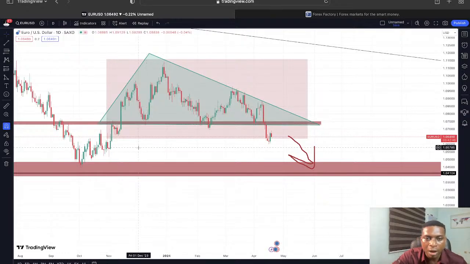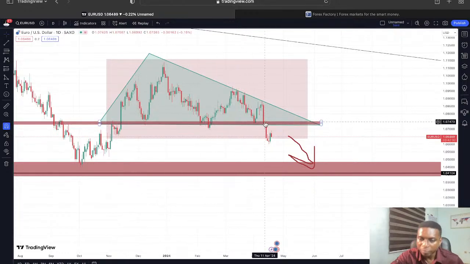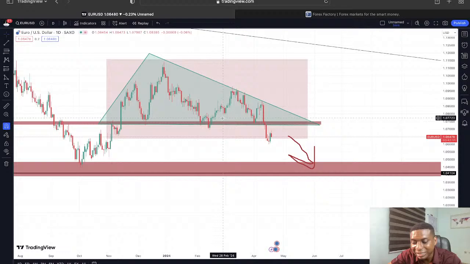If you see price consistently touching a particular level like this, there is a potential breakout in view. If you see price consistently touching the support zone like this, there is what? A potential breakout in view.